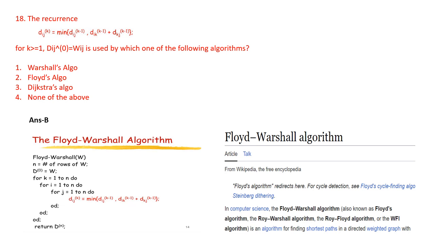It is written that the Floyd-Warshall algorithm is also known as Floyd's algorithm, the Roy-Warshall algorithm and the Roy-Floyd algorithm. So from my perspective, it is option B, and I don't know what the actual answer will be from the UPSC side. So when the key comes, then we will be able to know the actual answer. But from my perspective, it is option B. Yeah. Now we will move to the next question.